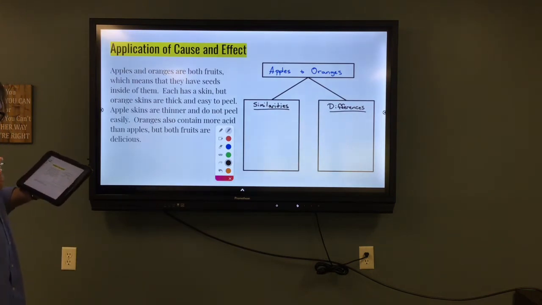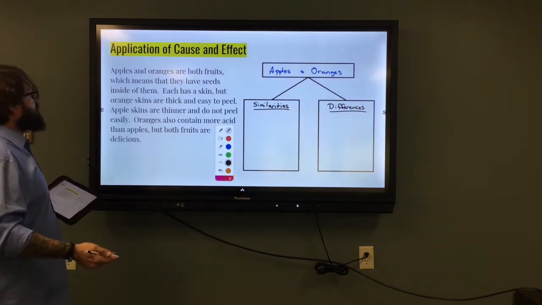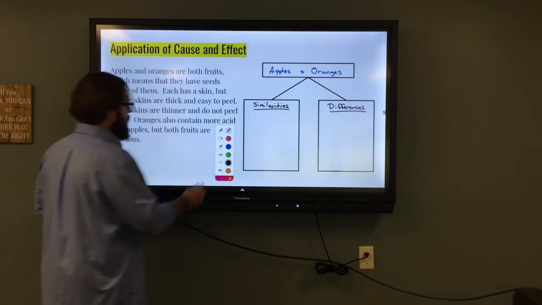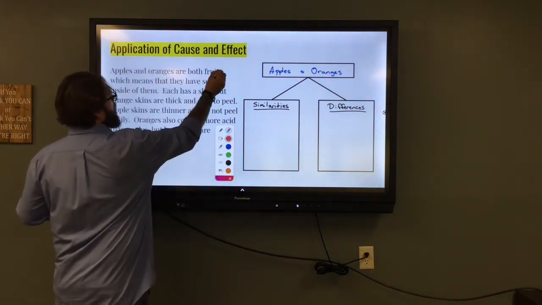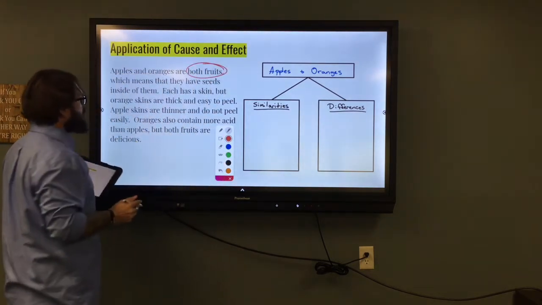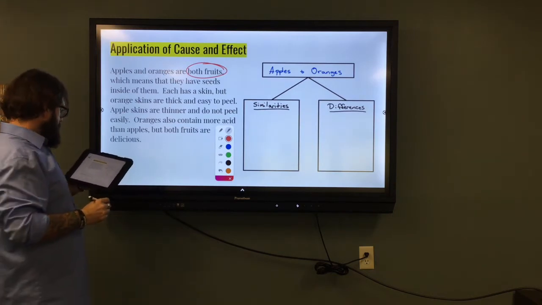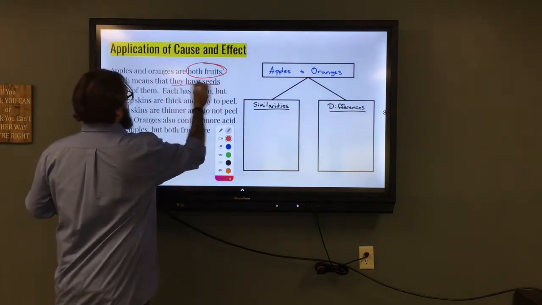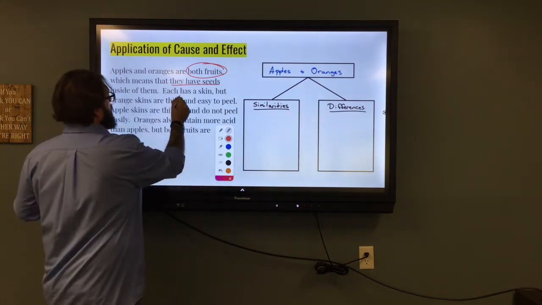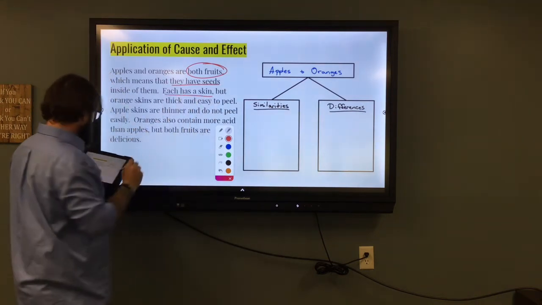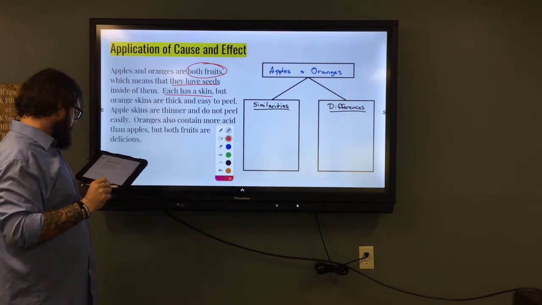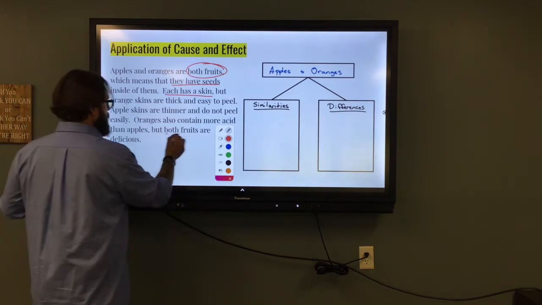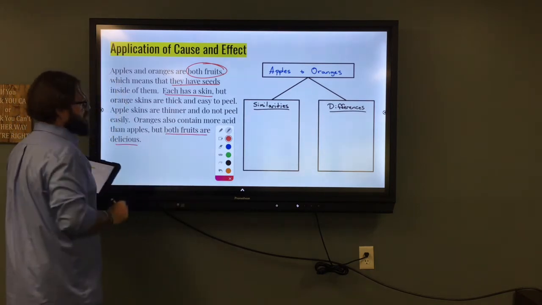So in what ways are apples and oranges similar? Well, we see in the passage that they are both fruits. So they have seeds, each has a skin, and both fruits are delicious.